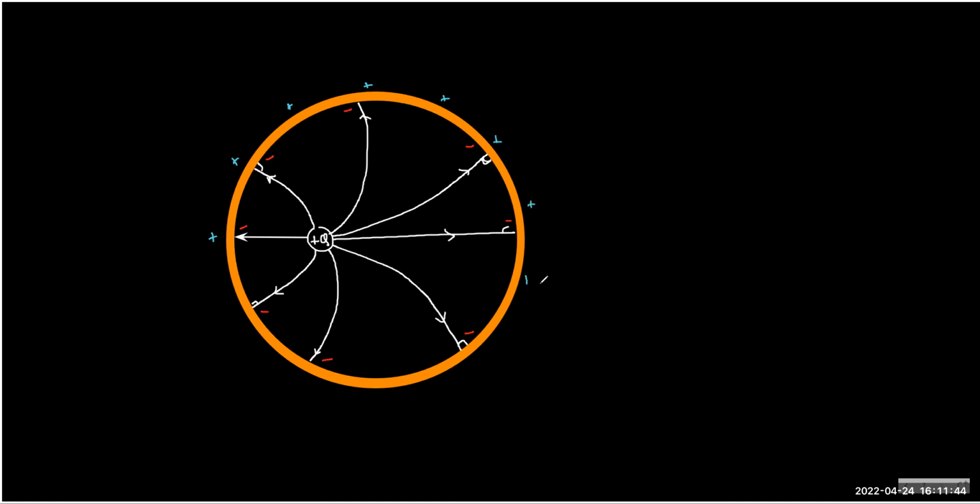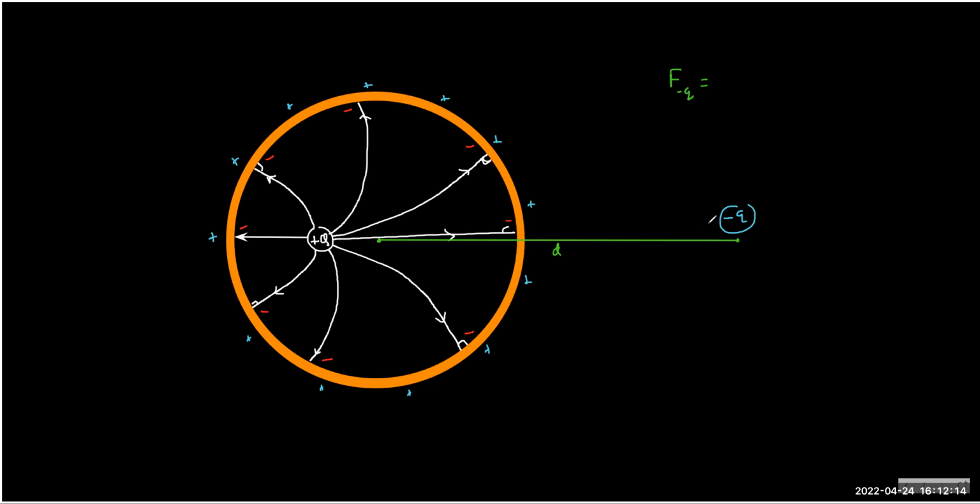And that is why even if I put some, let's say minus q here, and the distance of this charge from the center is d here, the force experienced by the minus q will be how much?